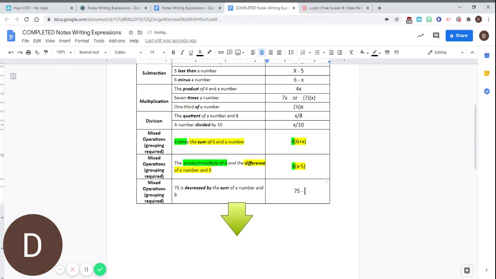The sum, so I know I'm adding, but what am I adding? Well, I'm adding a quantity of a number and 8. So x plus 8 is my quantity that I'm subtracting, or decreasing the number 75 by. So the sum of a number and 8, this time that's what's in our parentheses.